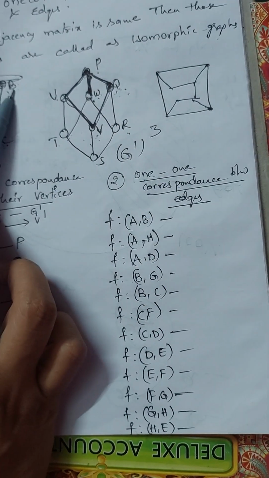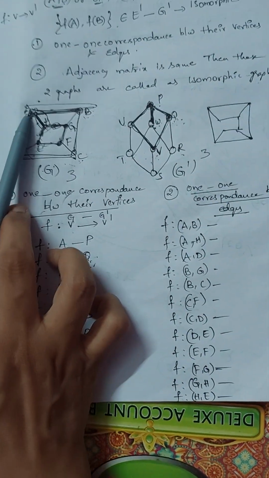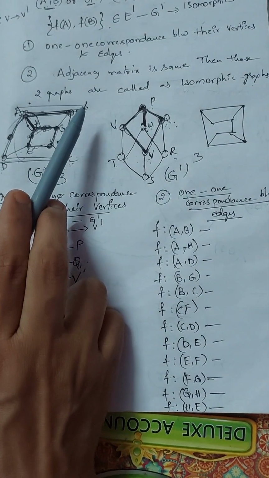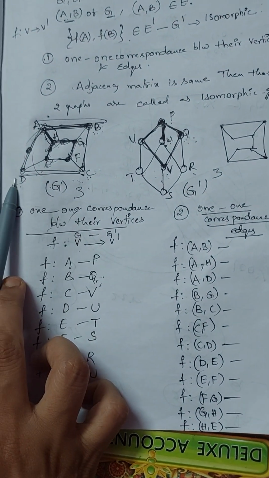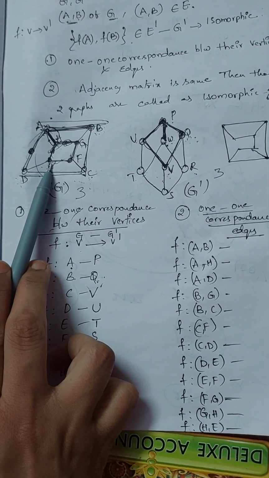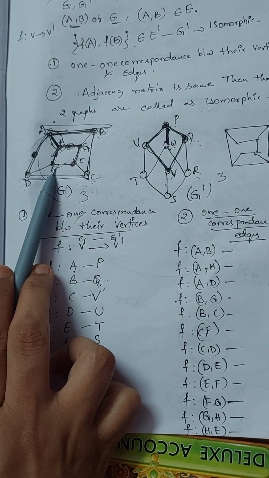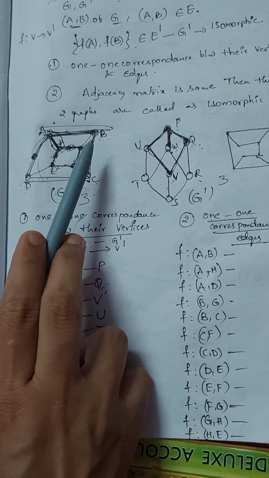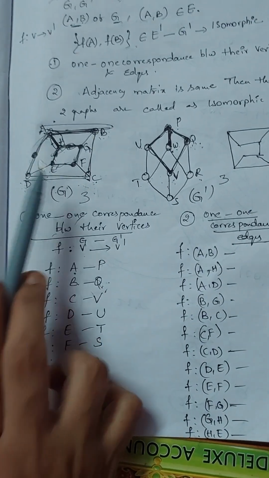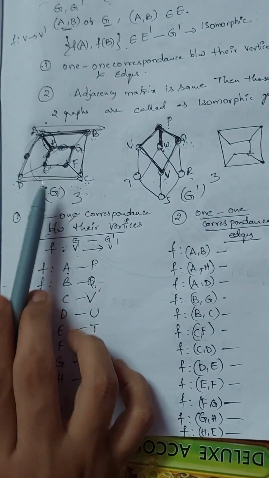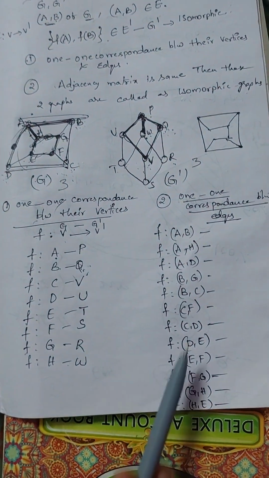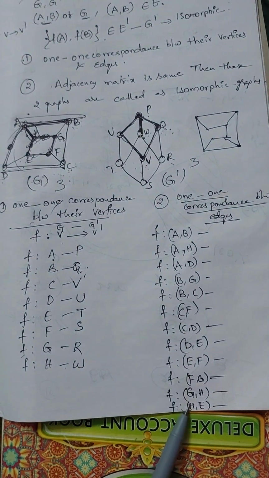So that is A to B, A to H, and A to D. Next B to G, B to C, C to D, then D to E, E to F, F to G, G to H, and H to E. So whatever edges are present in the original graph G, write down all the edges.